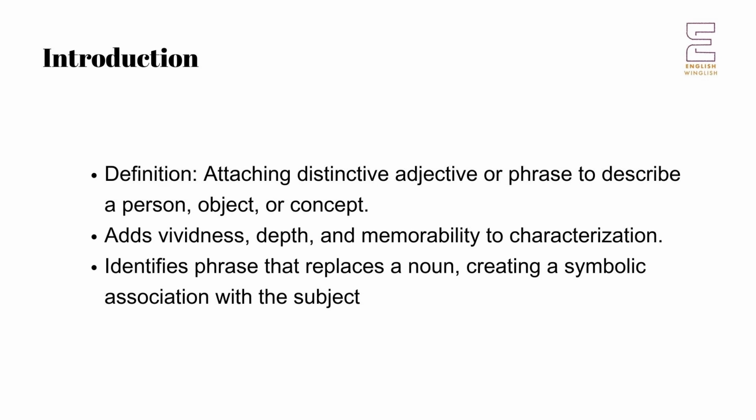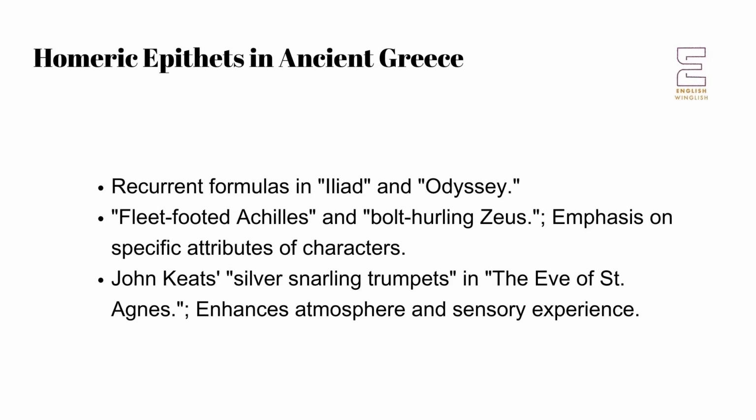Homeric epithets in ancient Greece. One of the earliest instances of epithets can be found in the epic poems of ancient Greece, such as Homer's Iliad and Odyssey. Homeric epithets are compound adjectives used as recurrent formulas to describe characters and objects with specific attributes.